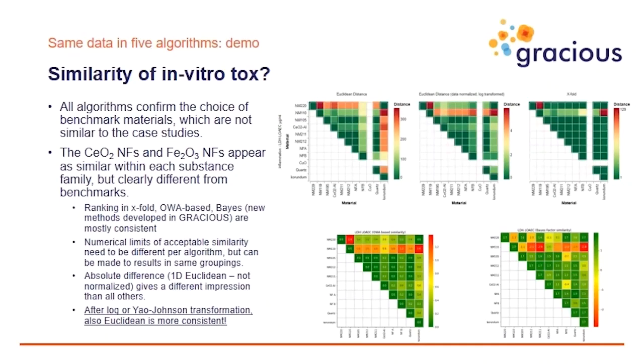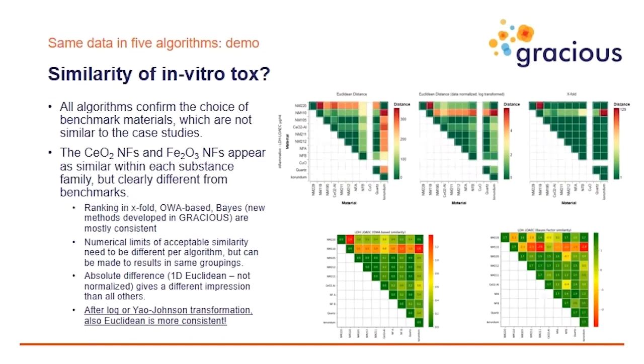All algorithms now confirm the choice of benchmark materials, which are not similar to the case studies. For example, look again at the second row where zinc oxide NM110 is almost everywhere shown in red.